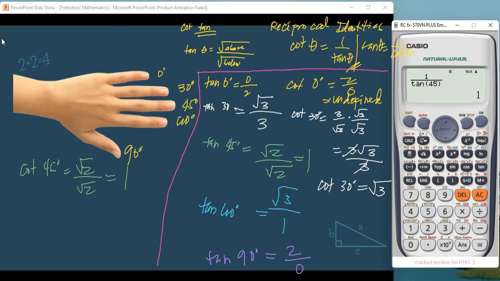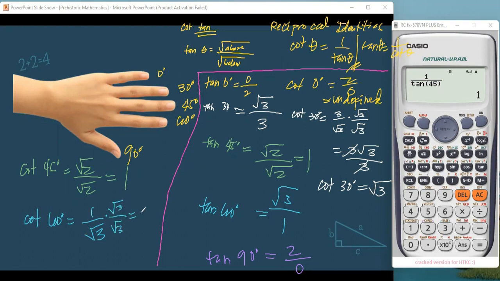So now how about tangent or cotangent 60? So we have here cotangent 60 degrees is equal to 1 over the square root of 3. So si dating denominator, gagawin numerator, at si dating numerator, magiging denominator. Pero di ba po may rule tayo na no radical in our denominator. So that will give us the square root of 3 over the square root of 3.